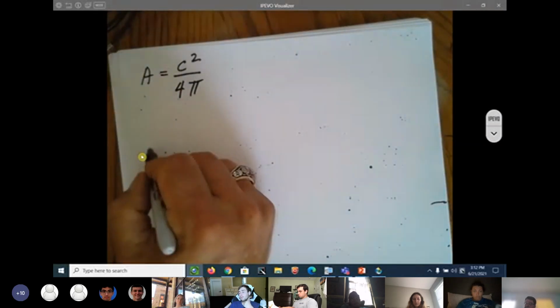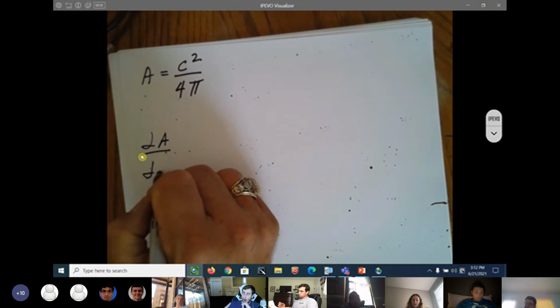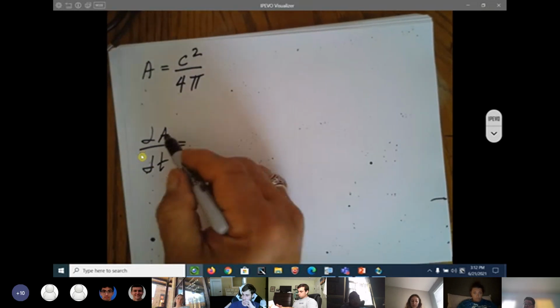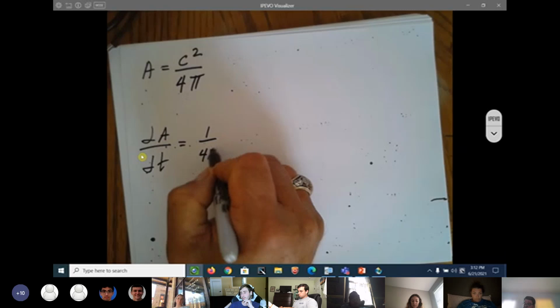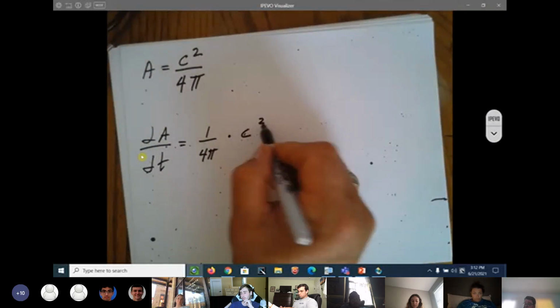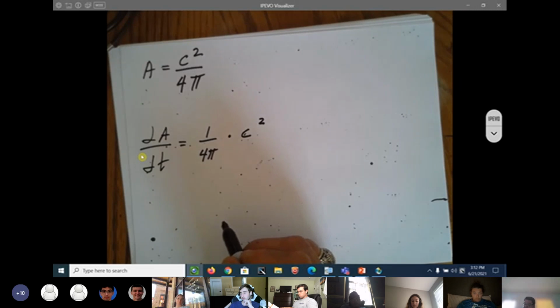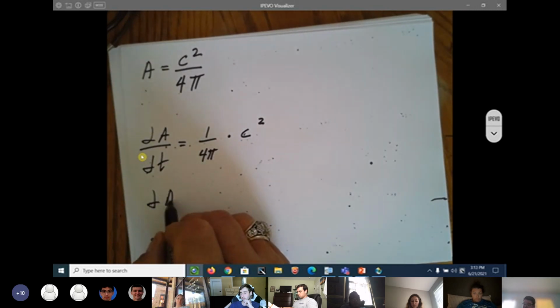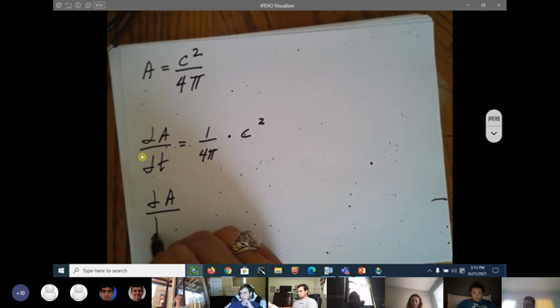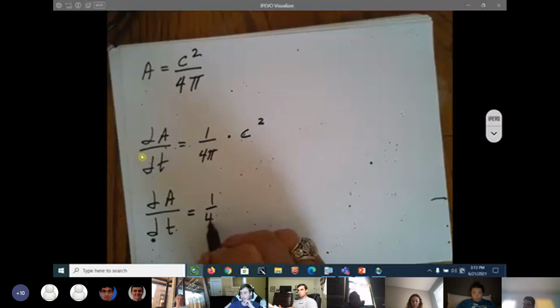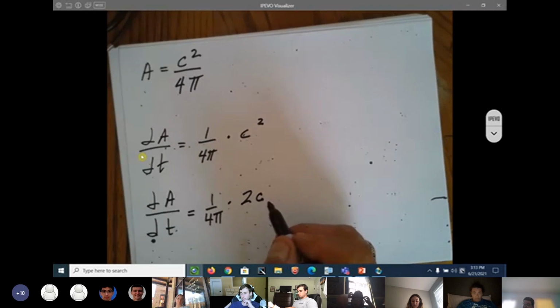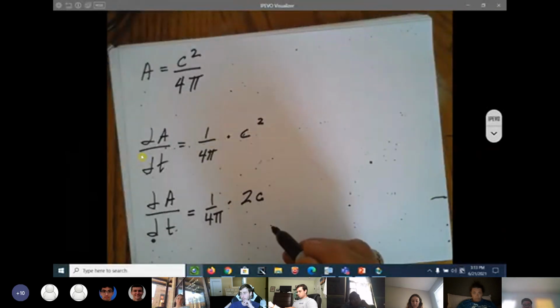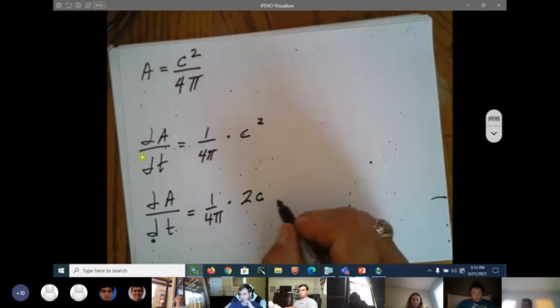And I'm going to take the derivative of that. So dA over dt, meaning the area is changing in regards to time, is equal to 1 over 4 pi, pull that out, times the derivative of c squared, which is 2c, times dc over dt.